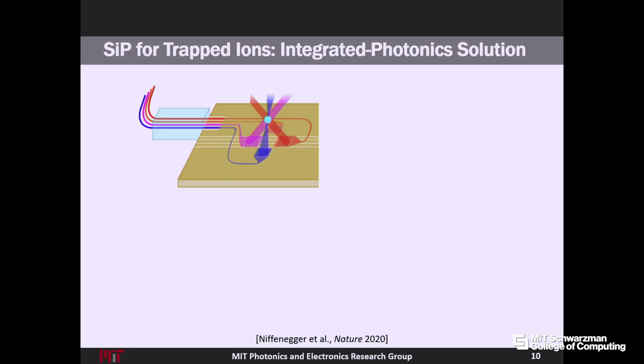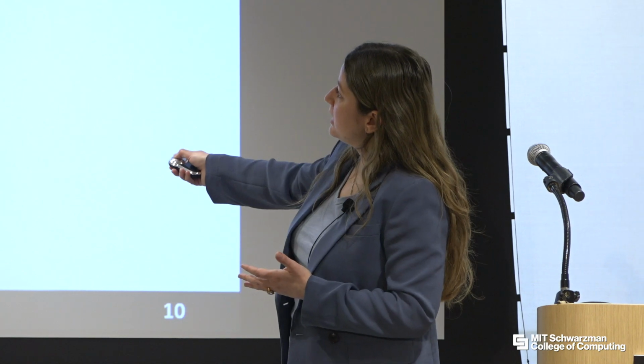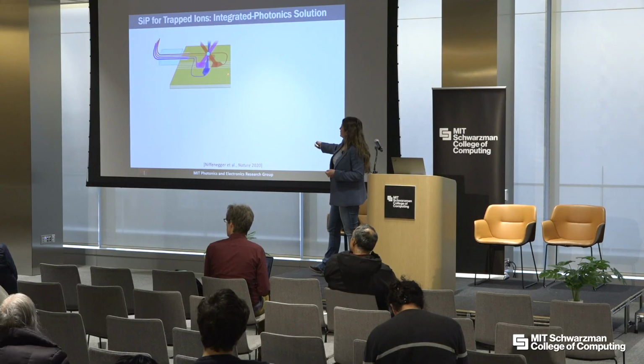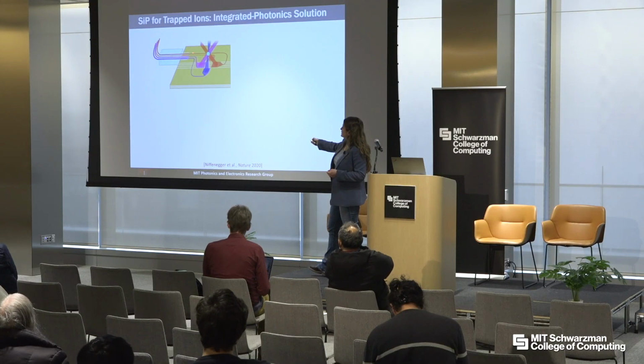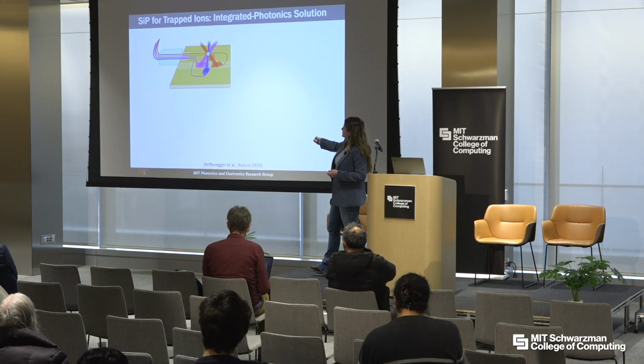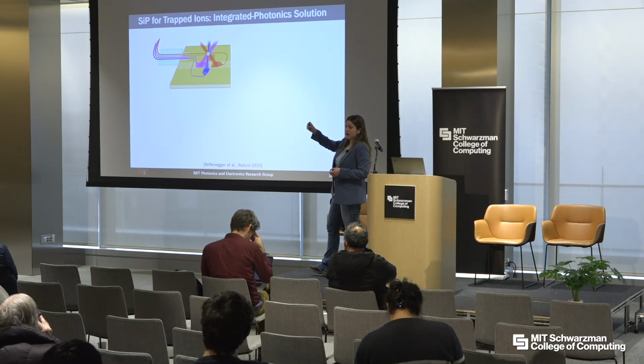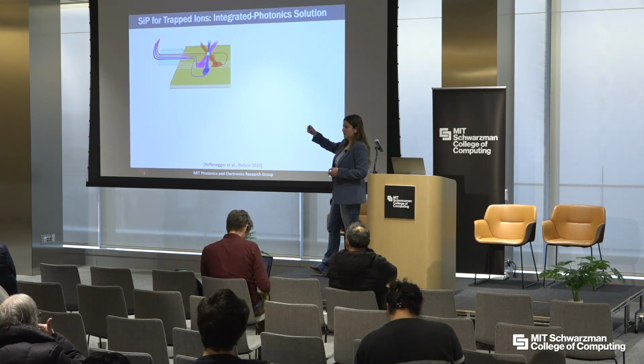But now we need to have all these optical beams interfacing to the ion also coming from our chip. So here we would have our integrated silicon photonics waveguides coming in. These would be our tiny little optical antennas that are going to emit the light up and out of the chip and to the point where the ion is trapped there above the chip.